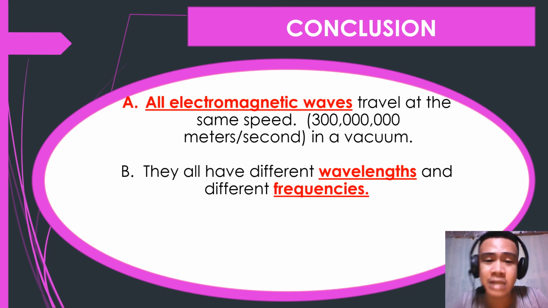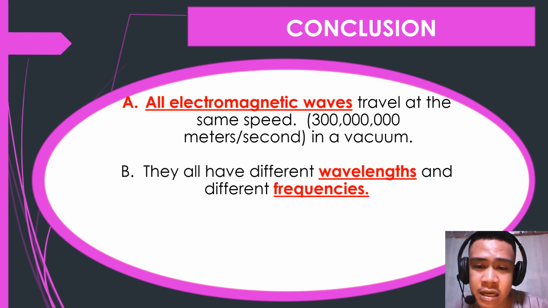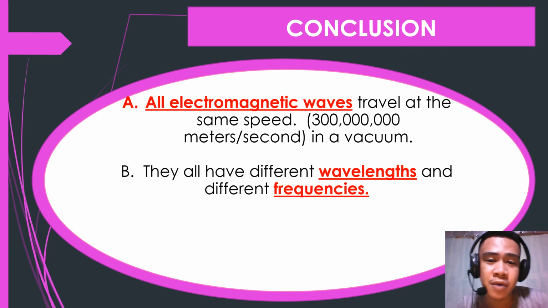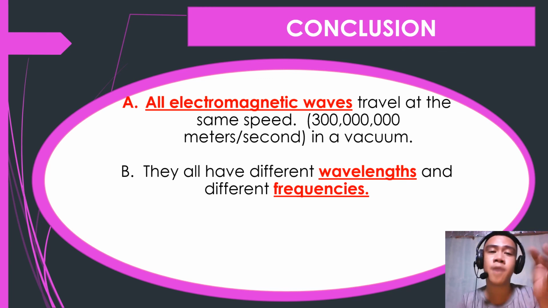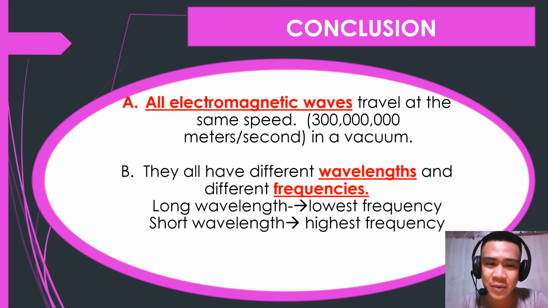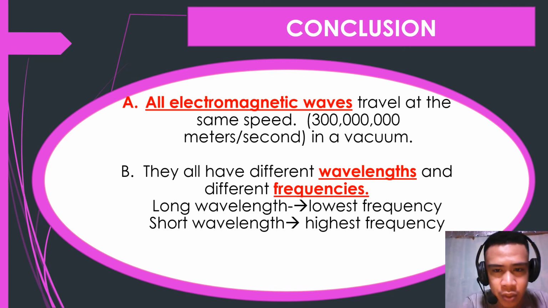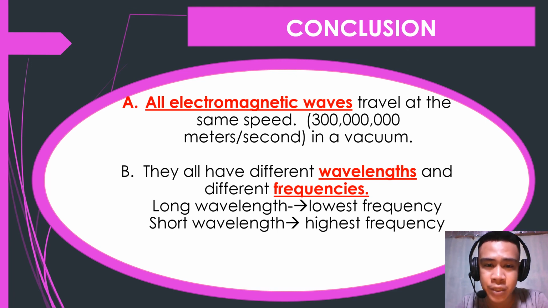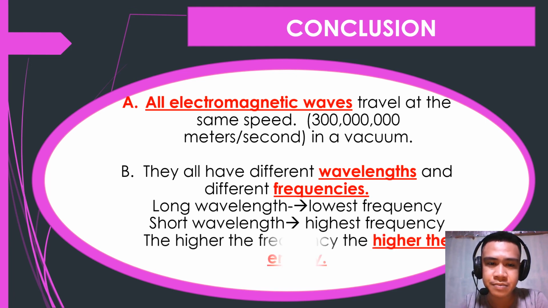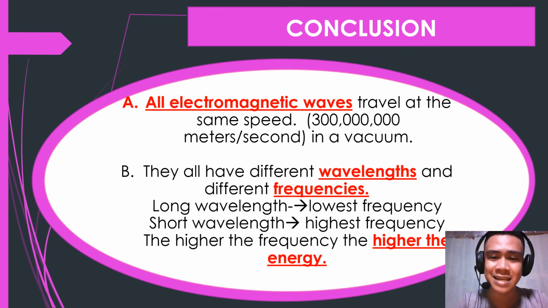What can we say about the relationship of wavelengths and frequencies? Long wavelength means lowest frequency and short wavelength means highest frequency. Meaning the higher the frequency, the higher the energy.